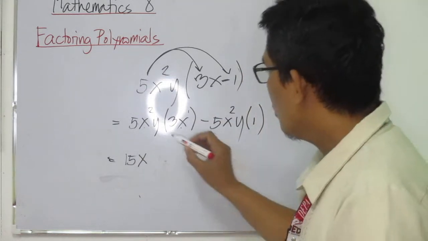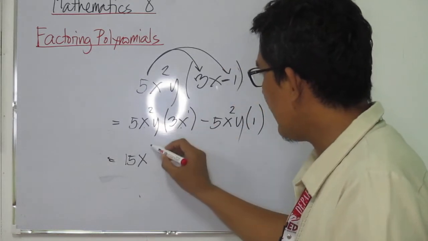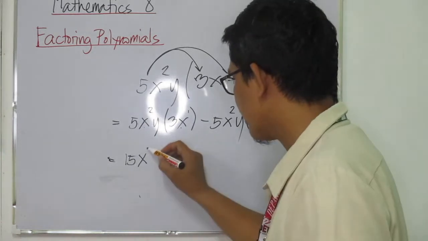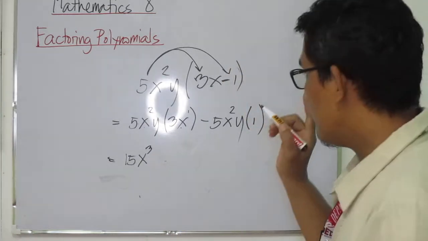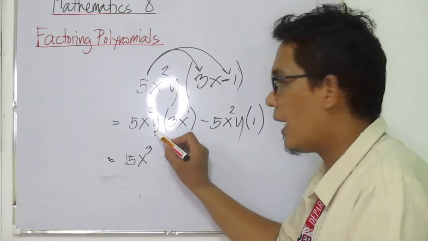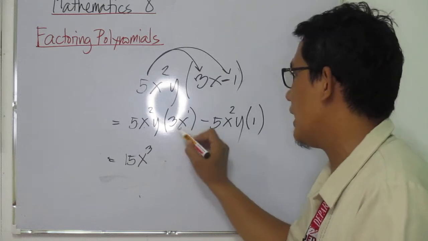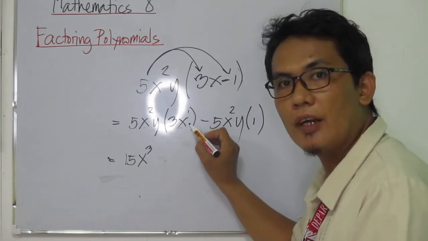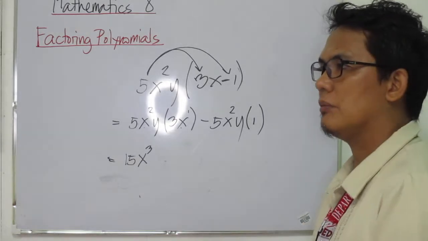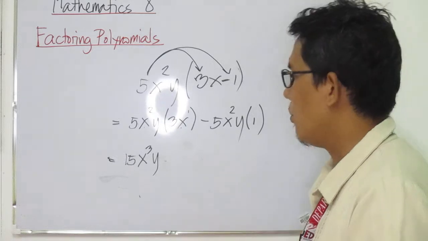So we're going to add 2 plus 1, which is, yes, 3, and that becomes x cubed. Okay? And what if on the other factor we don't have a variable? If that happens, when we multiply variables, we just copy that variable, and that is 1.